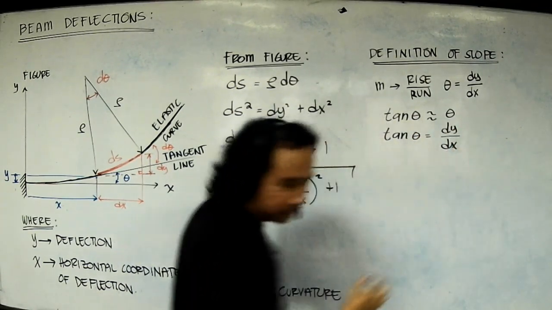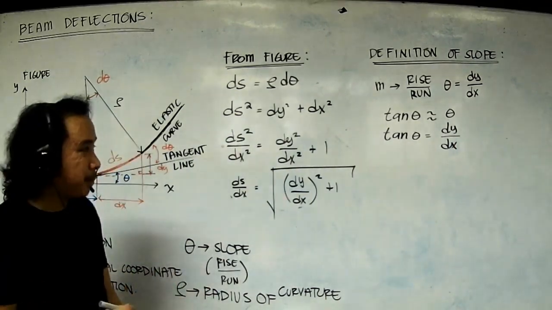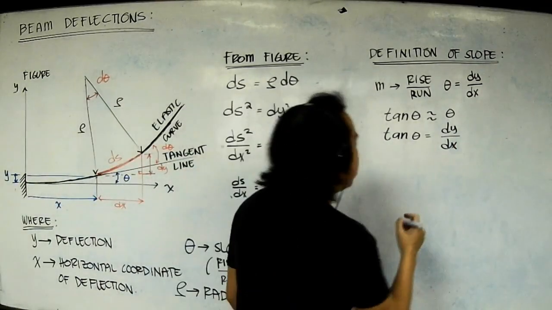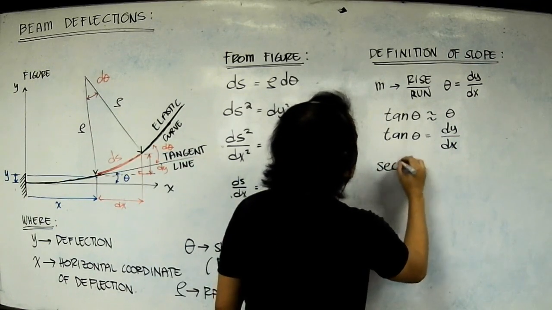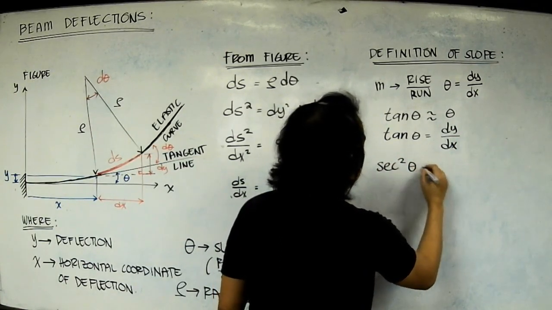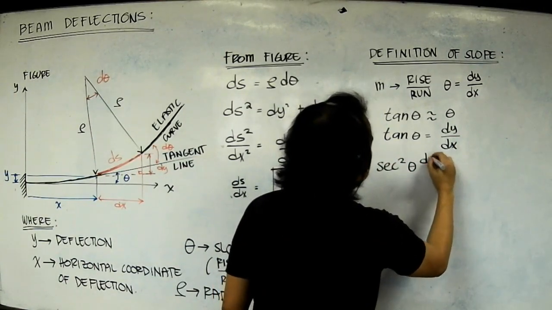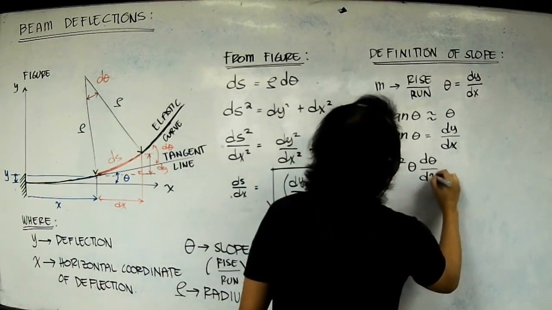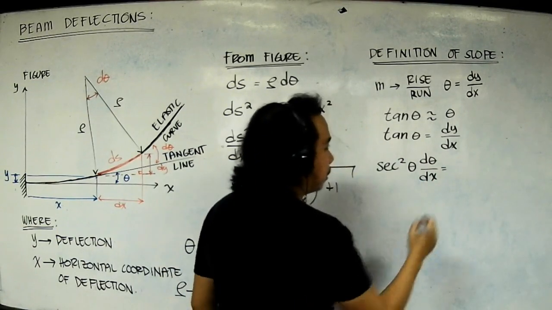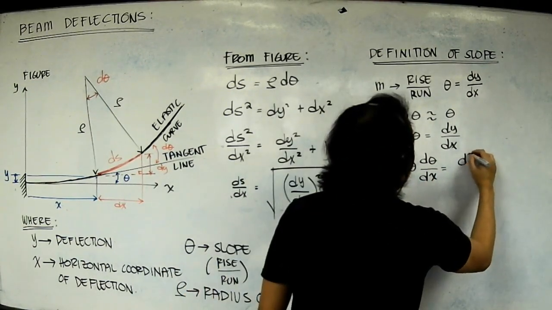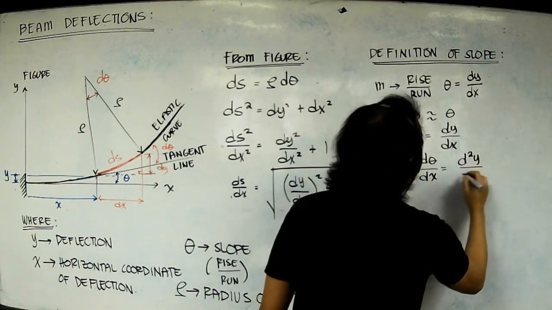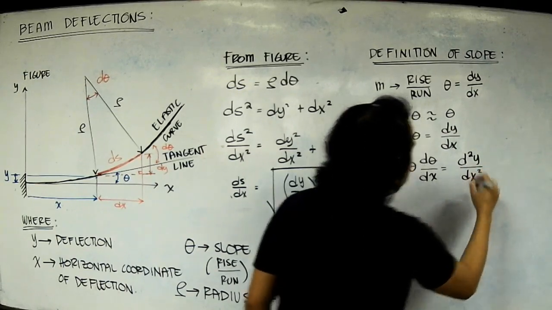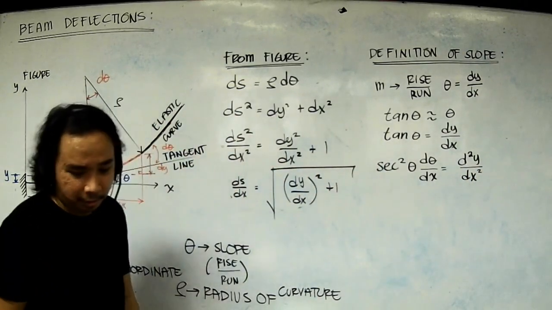Okay? Now, I will differentiate this and I will have secant squared theta. We are differentiating this with respect to x. So this is d theta dx, and this is the second derivative of y with respect to x. So this becomes this expression.